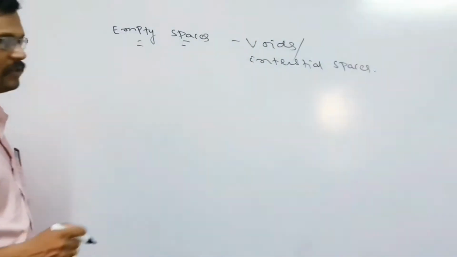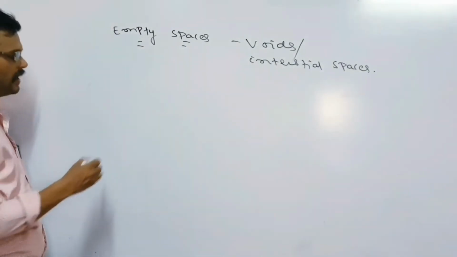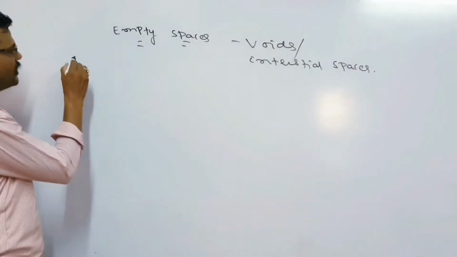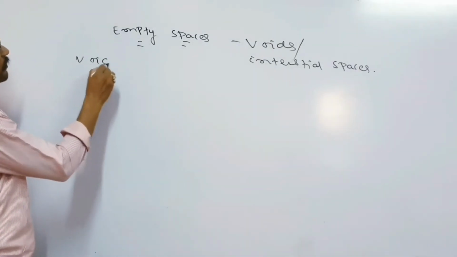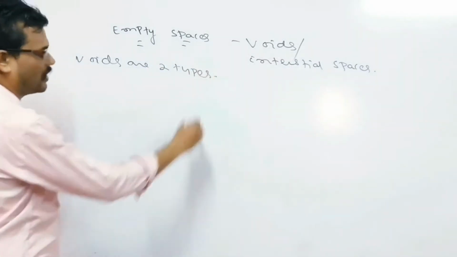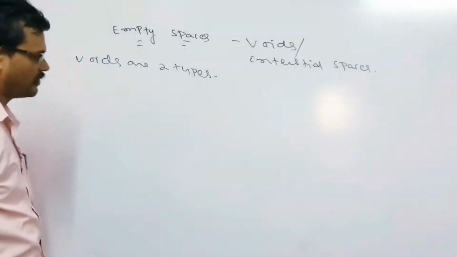So let us look here, sir. Whenever we form the solids, in the empty spaces, these voids are again of two types. While we are arranging the solids, two types of voids are formed. How are these two types formed?